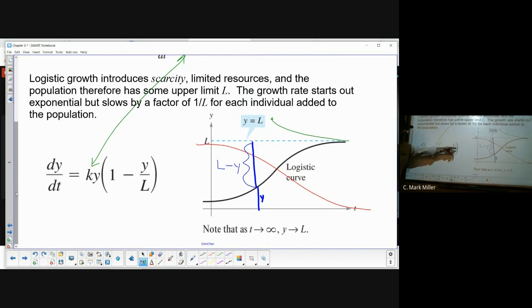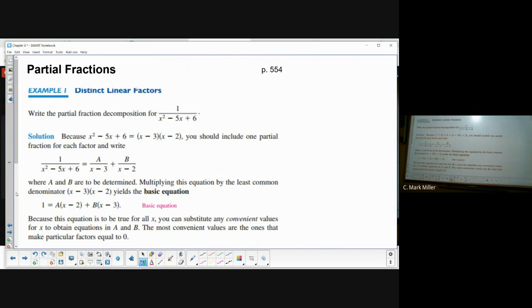So this is what our logistic differential equation looks like. And now we have to solve it. We're going to solve this for Y. All right? That's very important. Now, it turns out we're going to need a procedure called partial fractions.